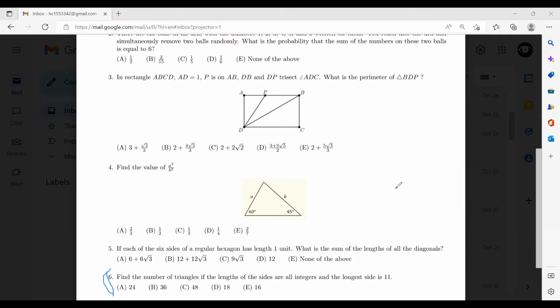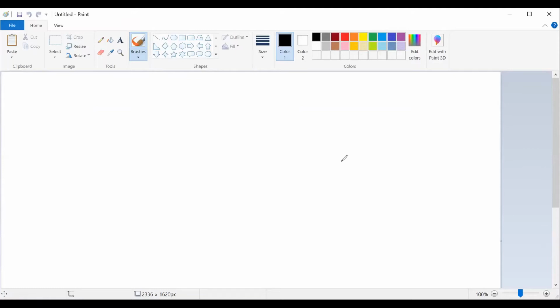So it's basically saying there is a triangle like this, where the longest side is 11, and they're asking you how many ways the triangle could be possible. So how many combinations?